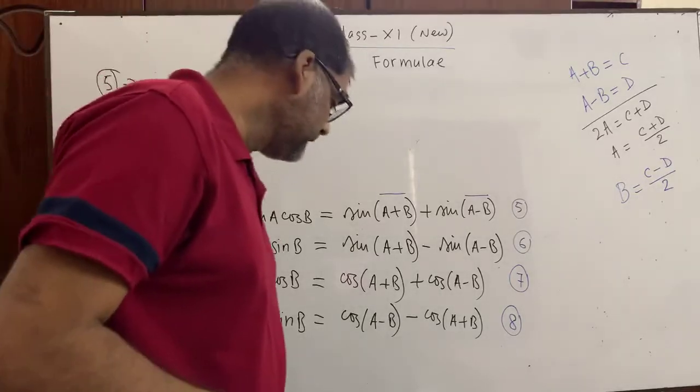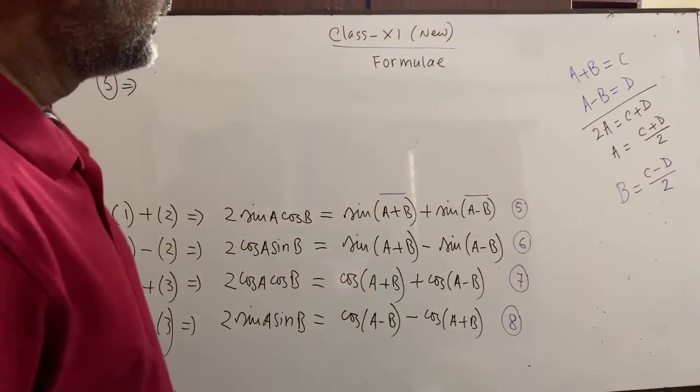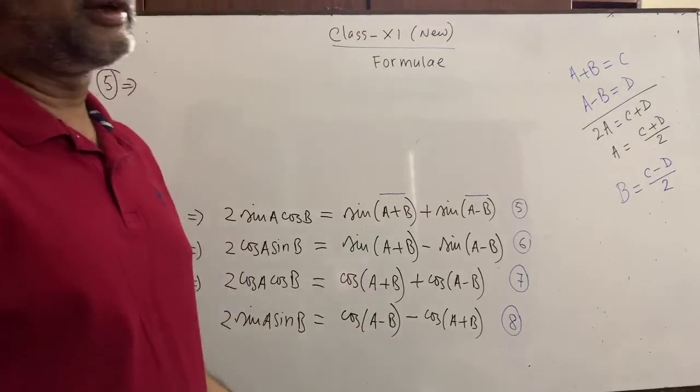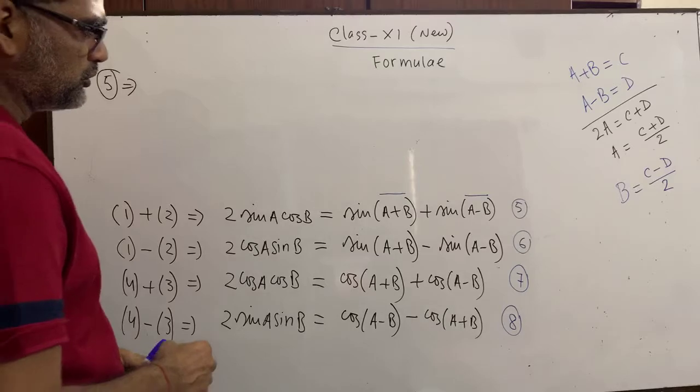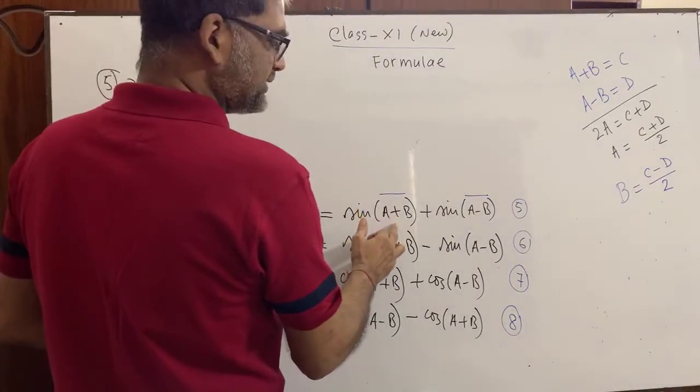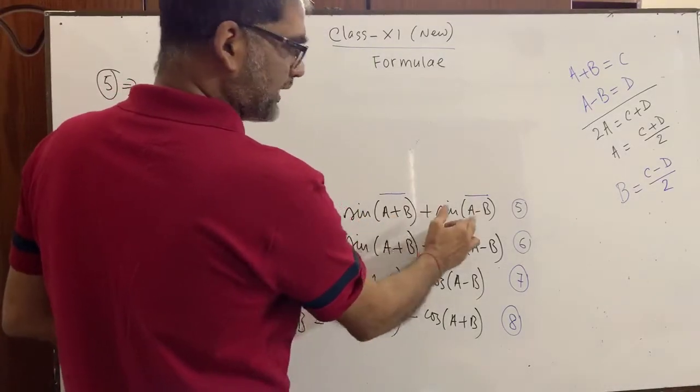A plus B has been let as C and A minus B also has been let as D. So let's put C for A plus B and D for A minus B.